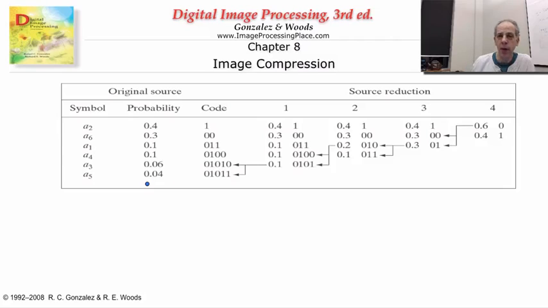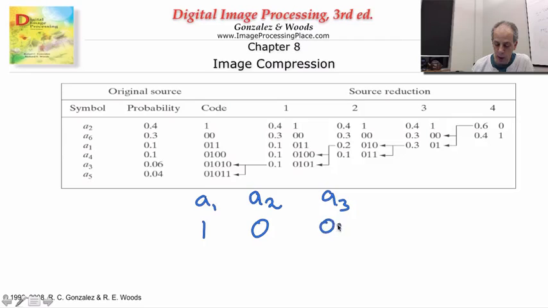Let's give an example of something which is not a prefix code. Let's say that the symbol A1 is represented by the code 1. The symbol A2 is represented by the code 0. And the symbol A3 is represented by the code 0, 1. So when the decoder sees 0, 1, basically there are two possibilities.